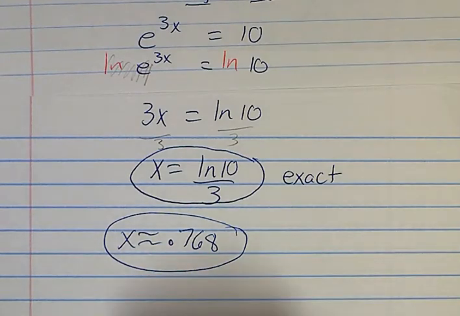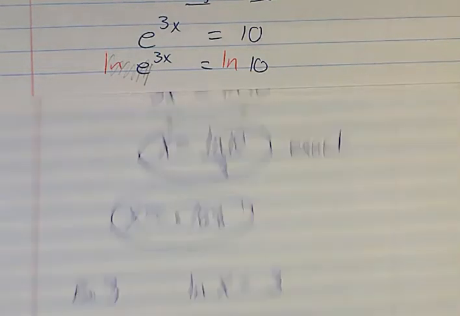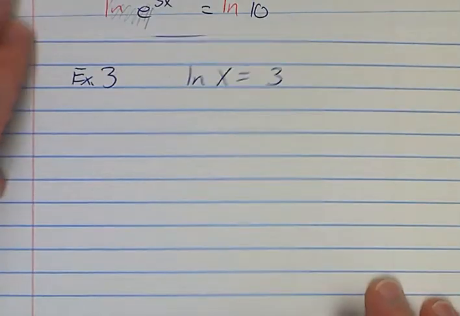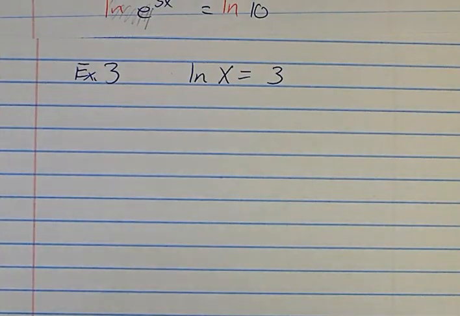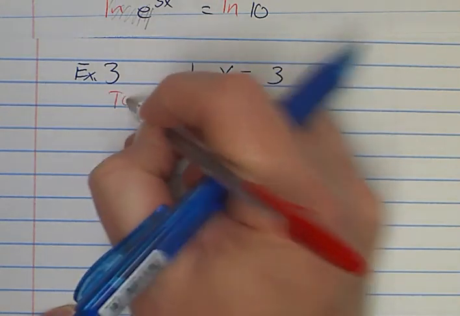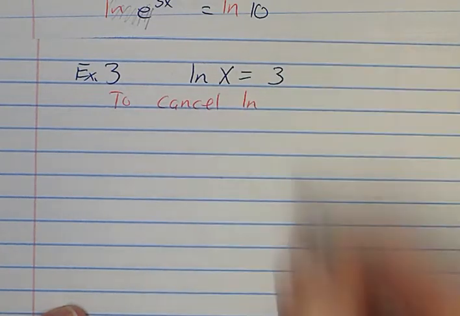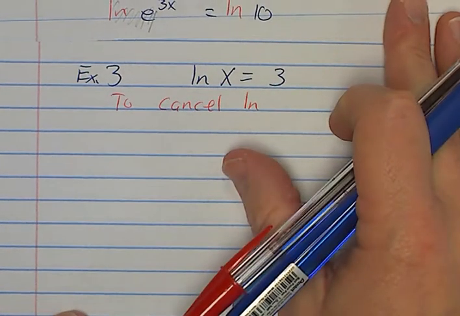Alright, and then the last two problems. Do the ln of x equals 3. Okay, and this one we're going to do the opposite. This time you've got the ln.